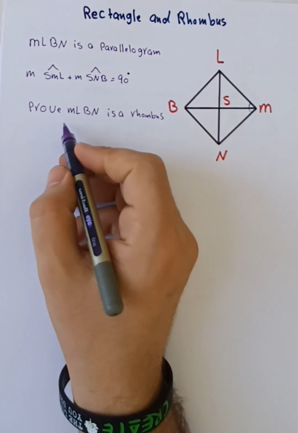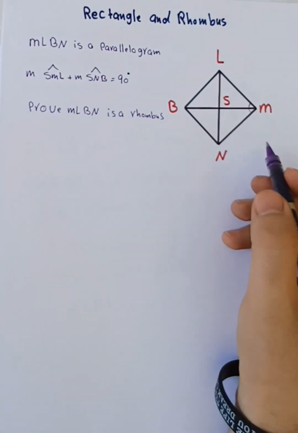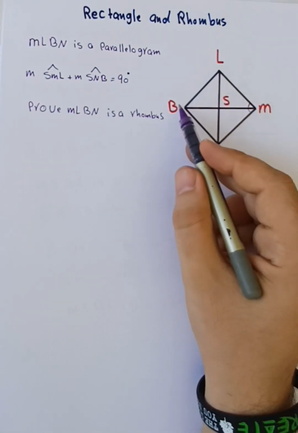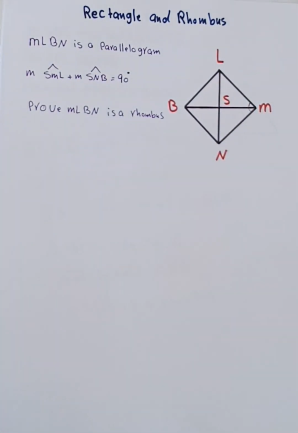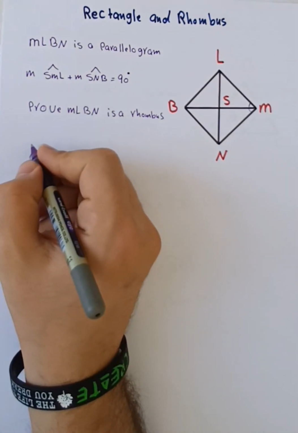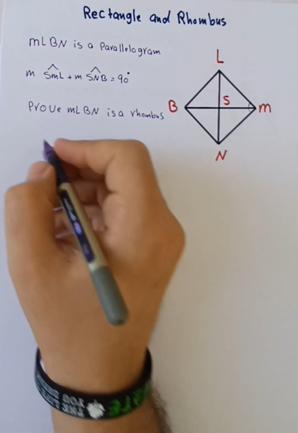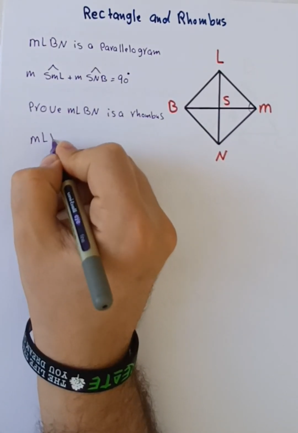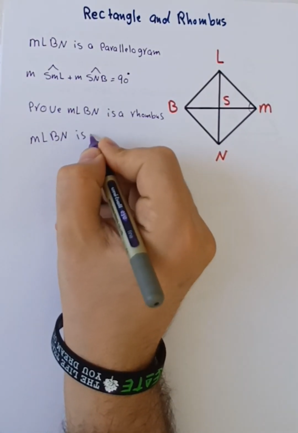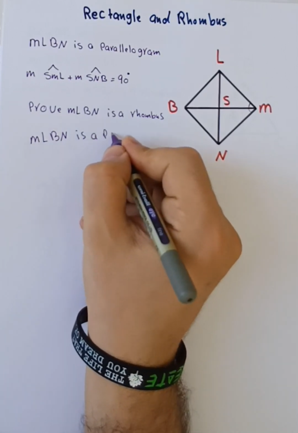So we have to prove that MLBN is a rhombus. So we can say MLBN is a parallelogram.